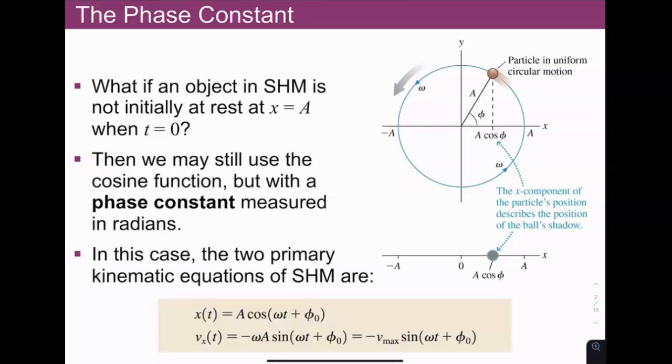In this case, the two primary kinematic equations of simple harmonic motion are now: position is equal to A cosine of omega t plus the initial phase angle, or phase constant, and the velocity is equal to the derivative of the position, minus omega A times the sine of omega t plus the phase constant, which is equal to minus the maximum velocity times the sine of that same argument.